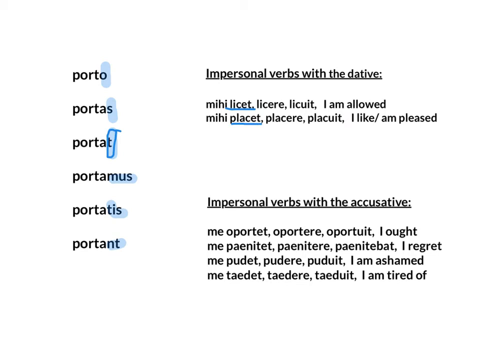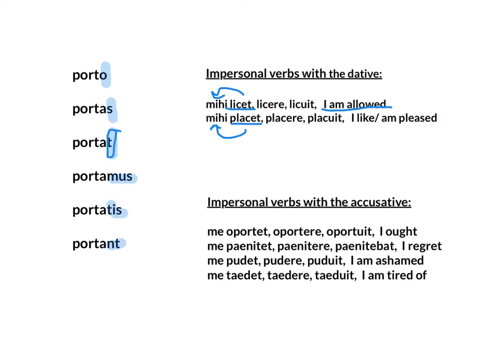So if you put licet, which means it is allowed, together with the dative mihi, you get literally it is allowed to me, or I am allowed. And we've got the same construction for placet. Placet by itself means it is pleasing. Stick it with mihi and we get I like, literally it is pleasing to me.